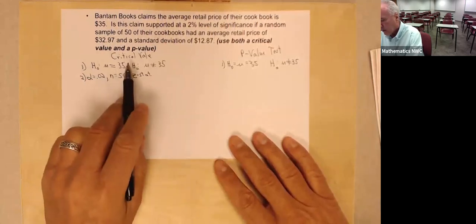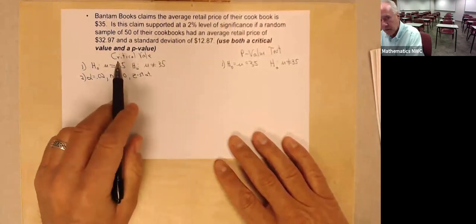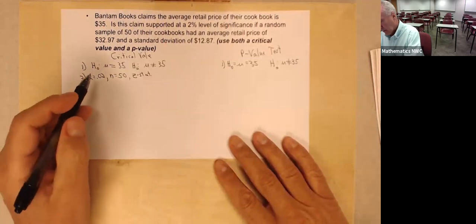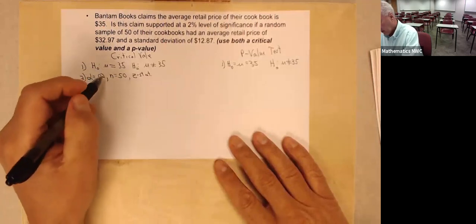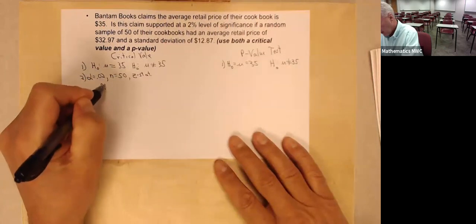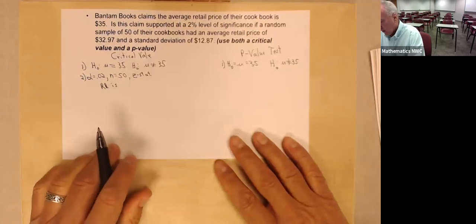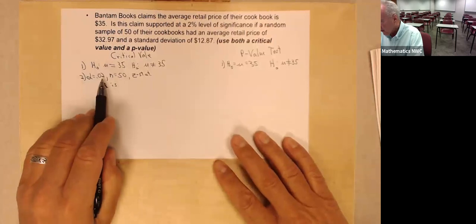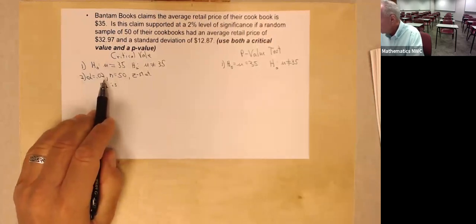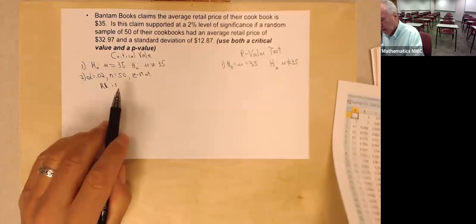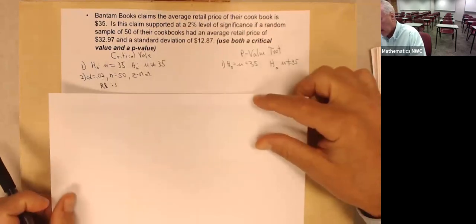And now for a critical value, we need our rejection region. I'm going to put that rejection region below here. RR for rejection region. Well, that 2% needs to be split on both tails. What do I mean by that?